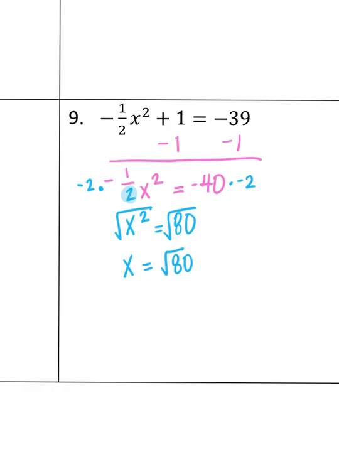I'll break it into 16 times 5, so x equals radical 16 times radical 5, which is 4 radical 5. I put my plus and minus in front, and that's my answer: x equals plus or minus 4 radical 5.